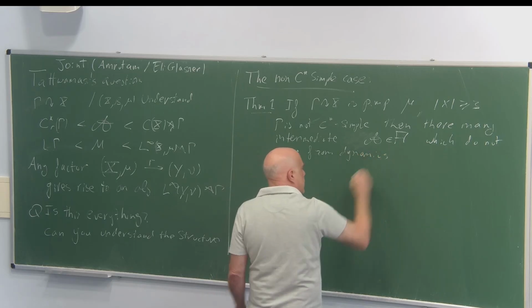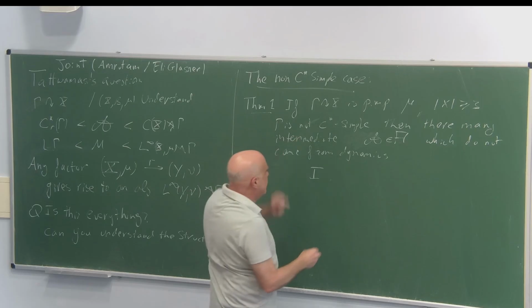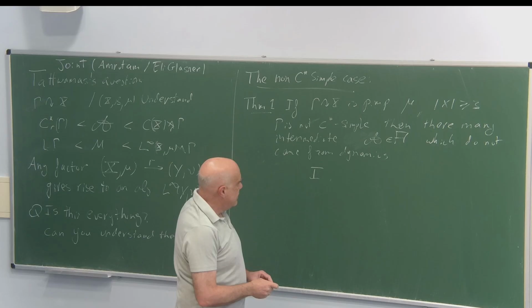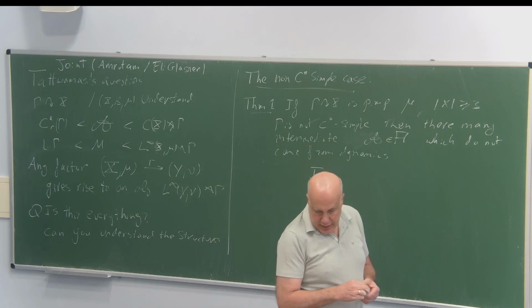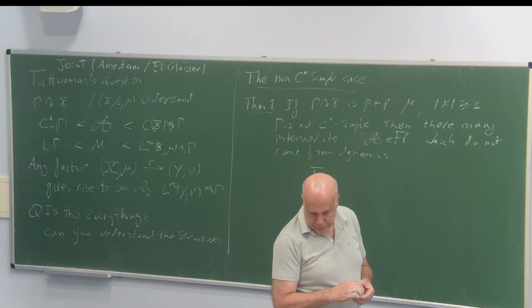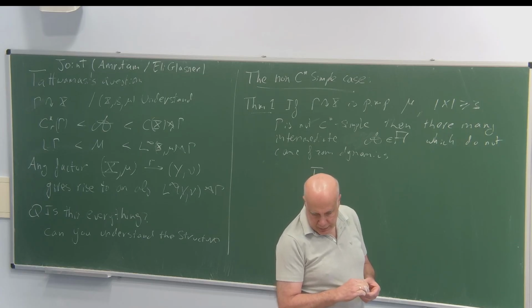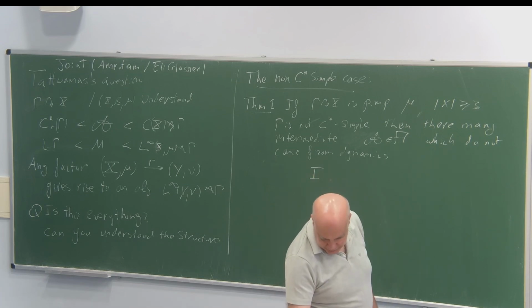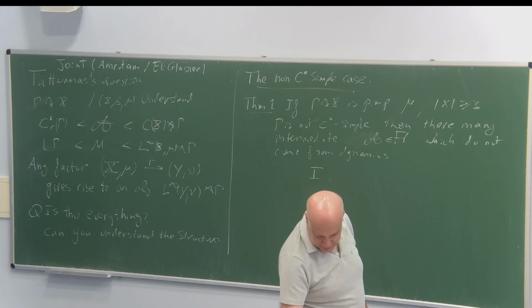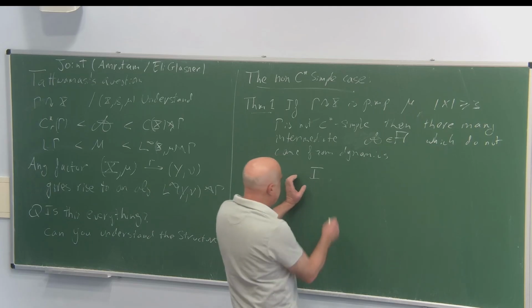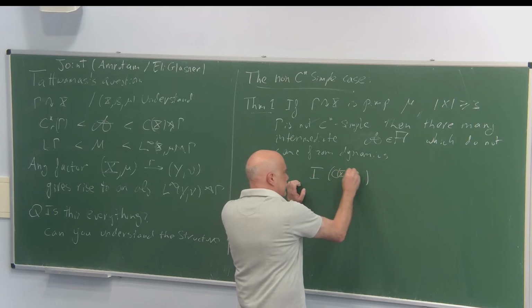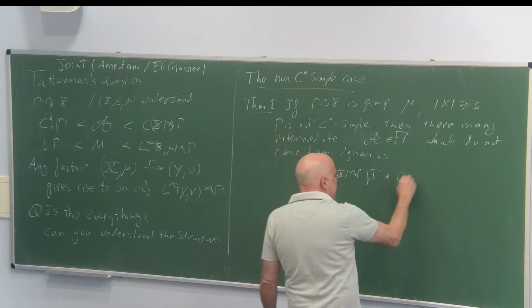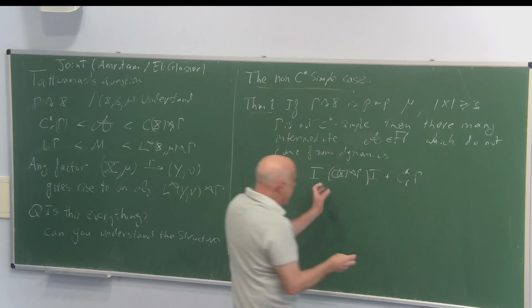I mean, notably, you can choose any ideal in the C-star algebra, multiply it by the cross product from both sides, then add the reduced C-star algebra, and this will be an example.